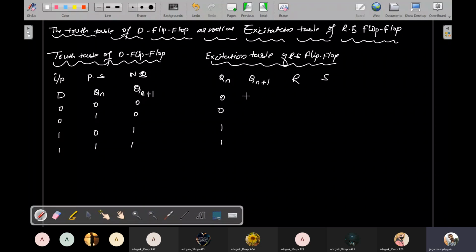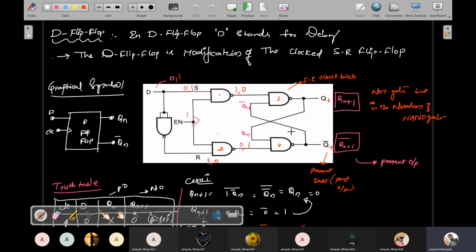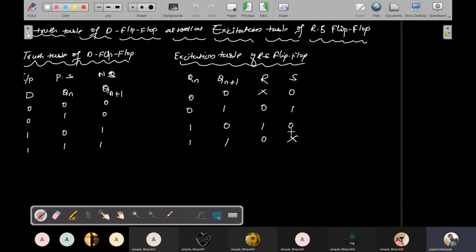In the excitation table for 0 0, 0 1, 1 0, 1 1, you will get: R value is 0 and S value is X, a don't care condition; then 0 1; then 1 0; and then X and 0, a don't care condition. So this is the excitation table of RS flip flop.